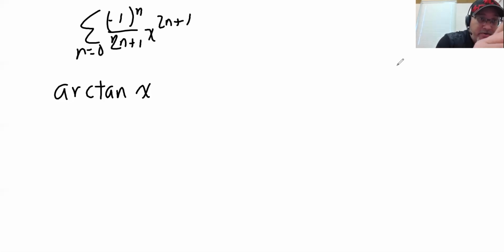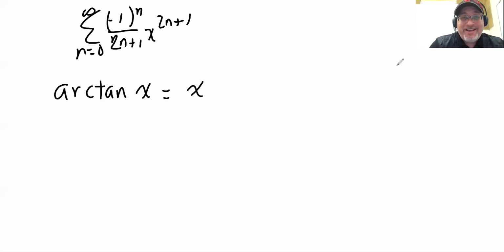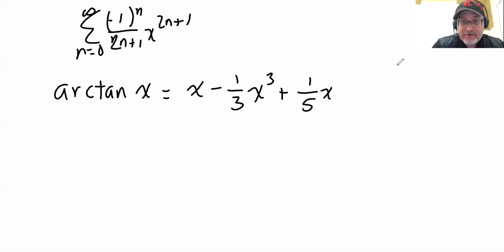Starting at 0. If you were to expand this series, when n equals 0, you get 1 over 1 times x to the first. When n is equal to 1, you get negative 1 over 3 x cubed. When n is equal to 2, you get positive 1 over 5 times x to the fifth.